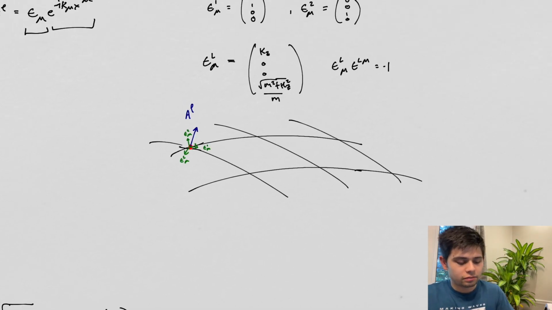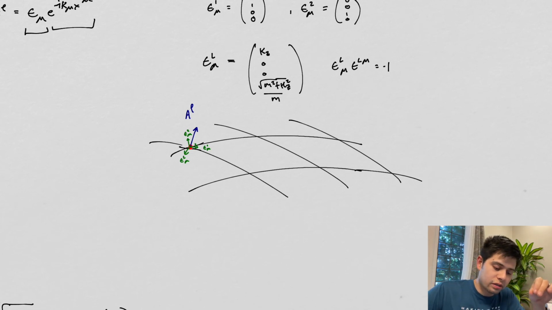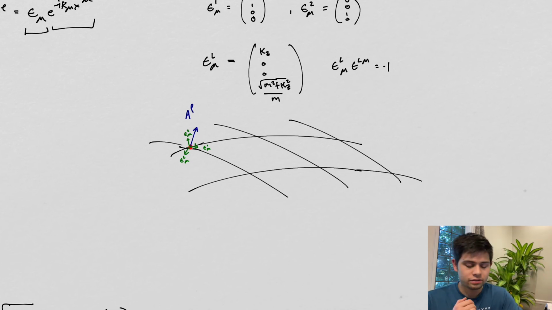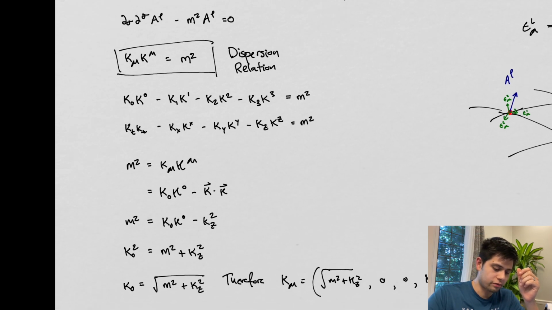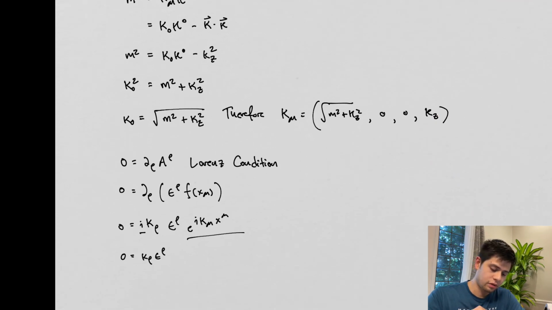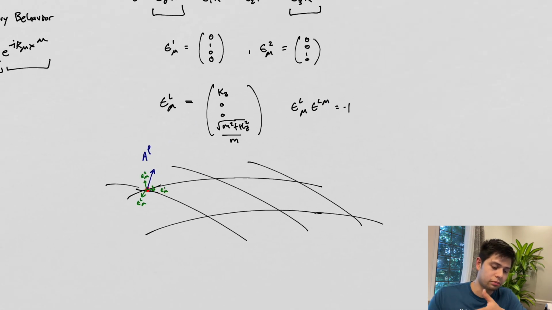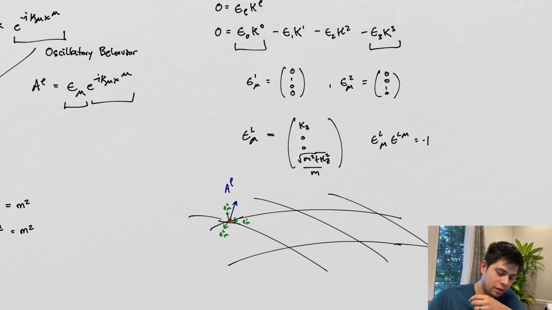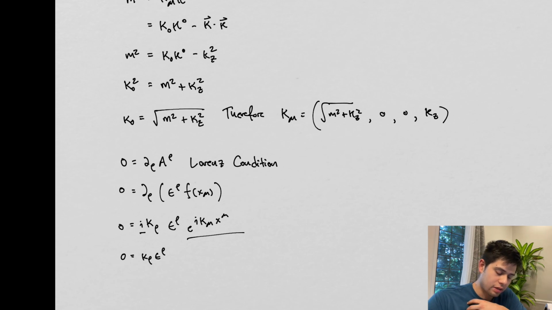We're really just talking about this dispersion relationship and what this means in terms of the mass of our field, and what this means in terms of the polarization vectors. These are called polarization vectors.